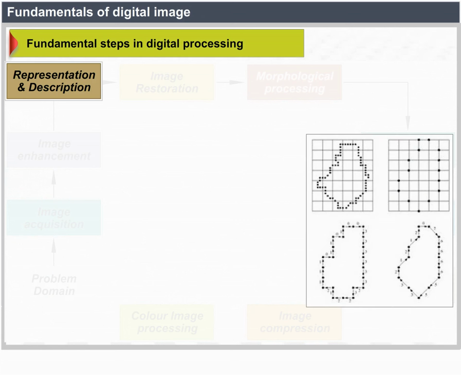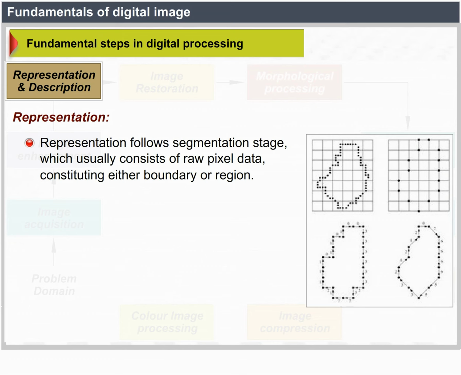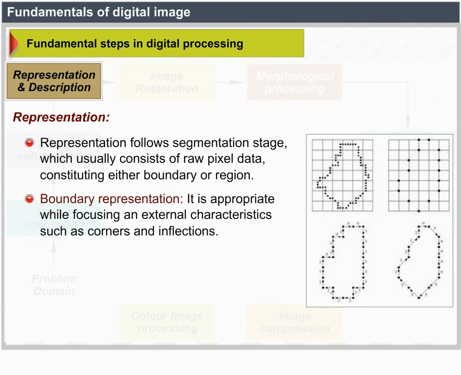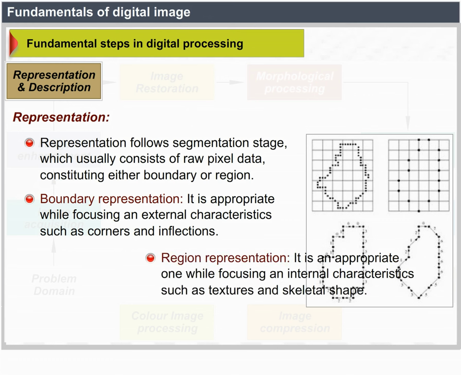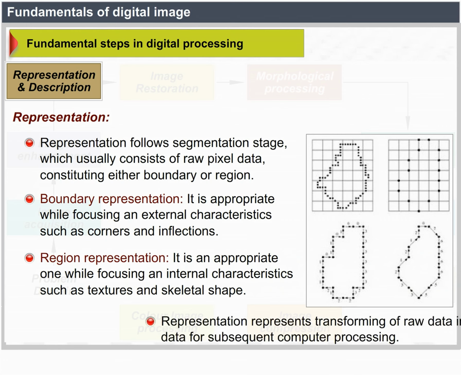Representation and description. Representation, which follows the segmentation stage, is usually raw pixel data constituting either boundary or region. Boundary representation. This is appropriate when focus is on external characteristics such as corners and inflections. Region representation. This is appropriate when focus is on internal characteristics such as textures and skeletal shape.